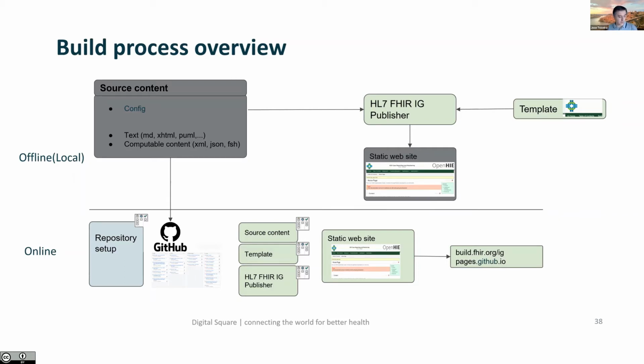Or, and that's what I'm going to do today, I'm going to do both. You can take that source content and put it in an online repository. And if the online repository on GitHub is correctly configured, you can let that automatically run your publication, produce your static website and publish it somewhere. So today we are going to create some content.